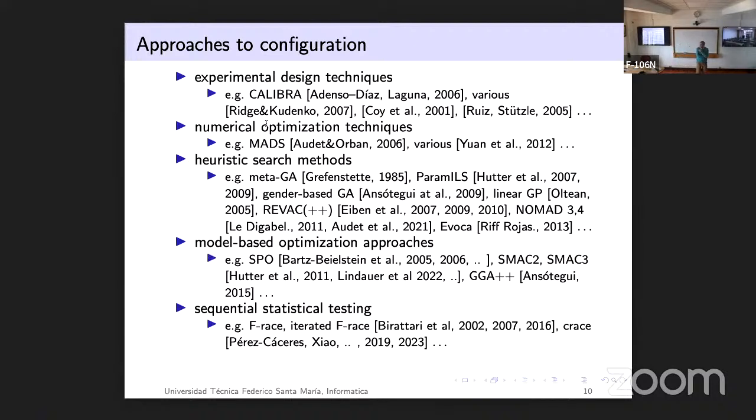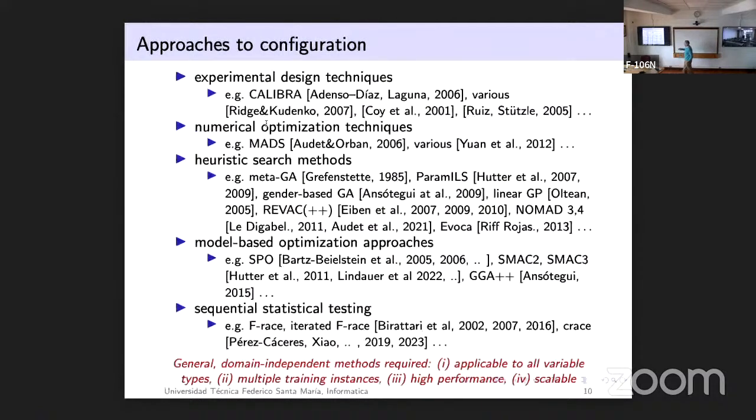And the last one, where we have been doing some things, is sequential statistical testing, which was F-Race, one of the first algorithms, from 2002. And then we have an iterated F-Race, which is F-Race in iterations, and a C-Race, currently for better parallel configuration.